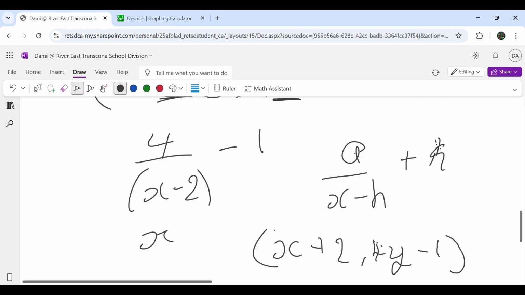Then we need to find the non-permissible value, which is x minus 2, which would be x cannot equal 2, and the non-permissible value is what x cannot be.